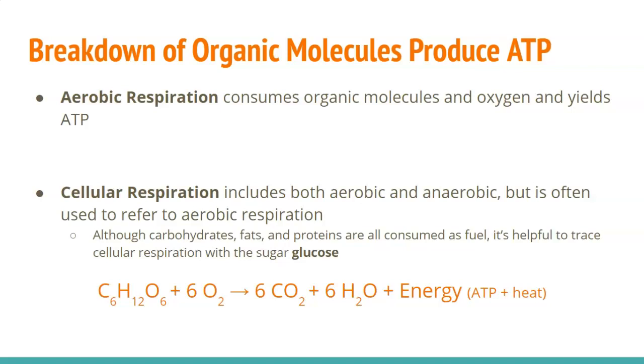Now you can use cellular respiration and your starting point, your consumption of organic molecules can be anything. It can be carbs, fats, proteins. Truly, it can be used by anything. But again, we are going to strip away all of that and we're going to focus on one thing. We are going to focus on glucose.